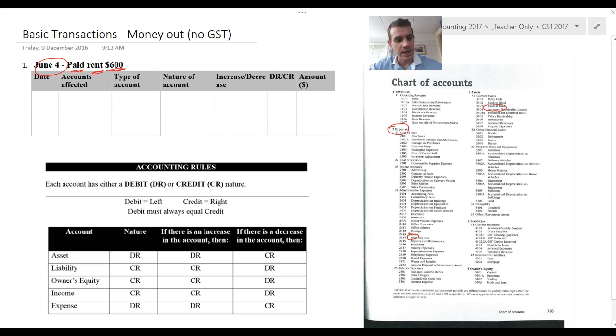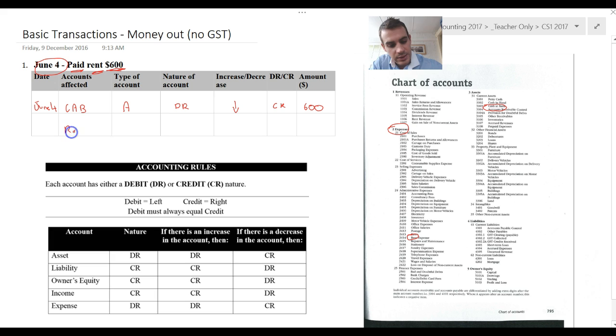Let's now fill out our transaction table. On June 4, one account affected is our cash at bank. I'm going to call that our CAB. Type of account, that's an asset account. Nature of assets, they're debit by nature. This time, because we're paying money, our bank account's going down because we're paying an expense. So that's going to flip from a debit to a credit, and the amount is $600.